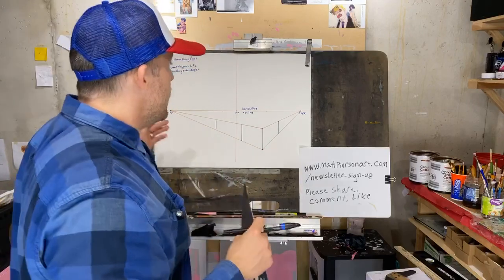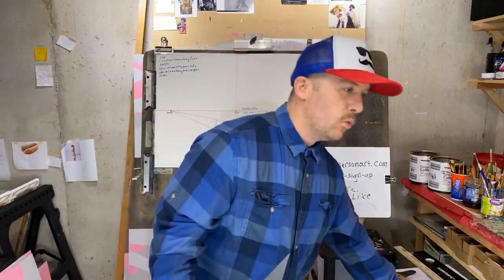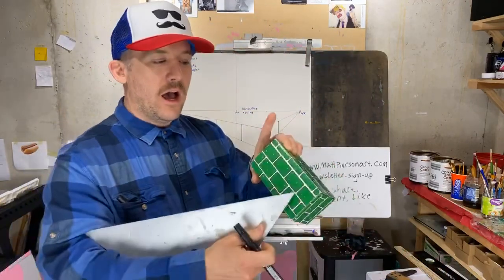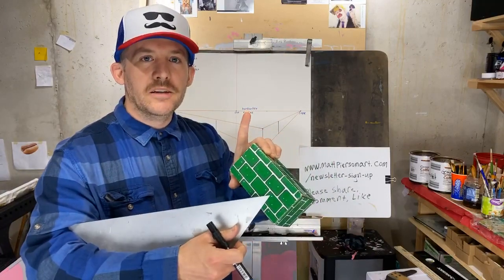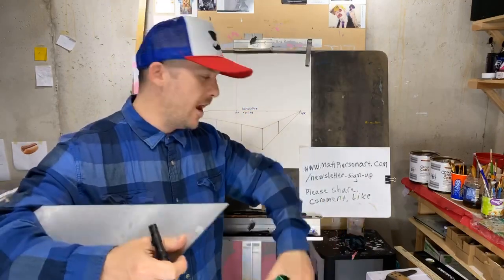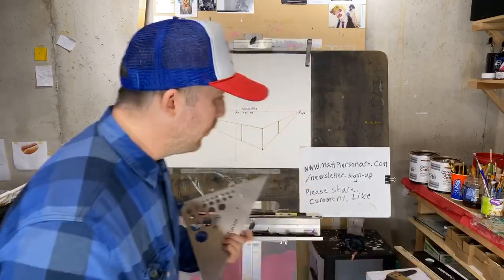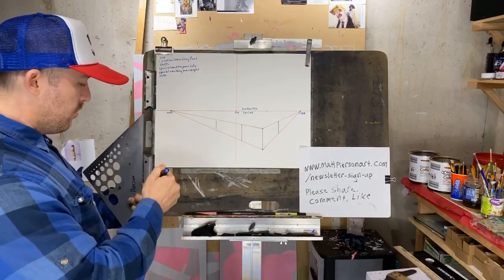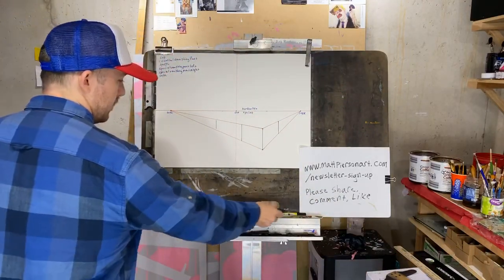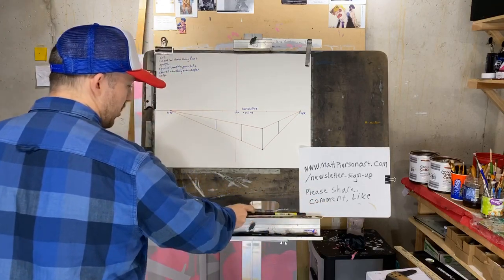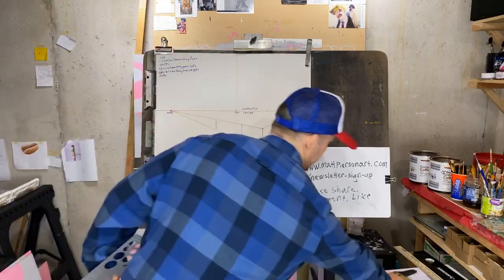Okay? Now we need to figure out how to draw that top plane, because we're looking down on it. How do we do that? Well, pretty easy, once I get all these darn markers off my easel here.